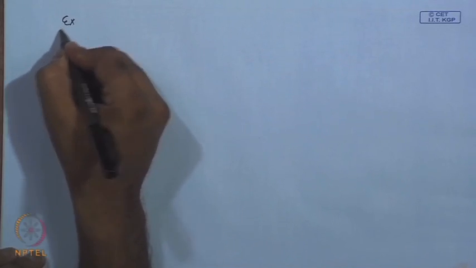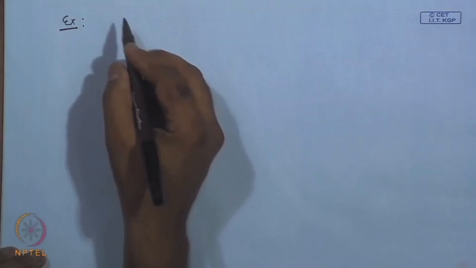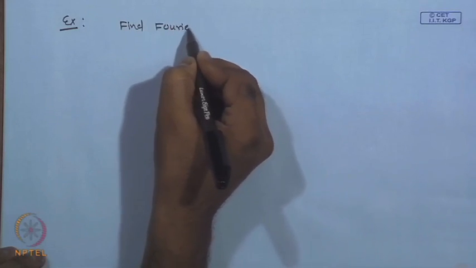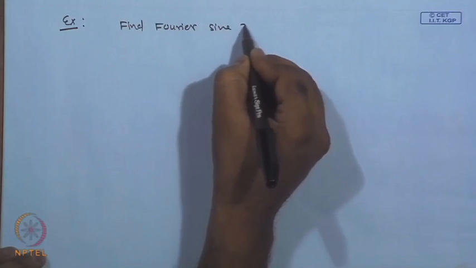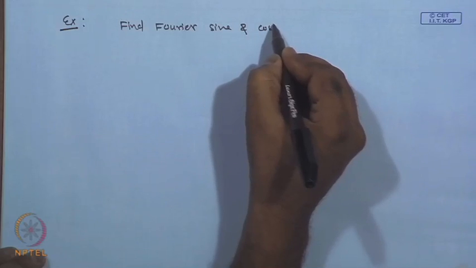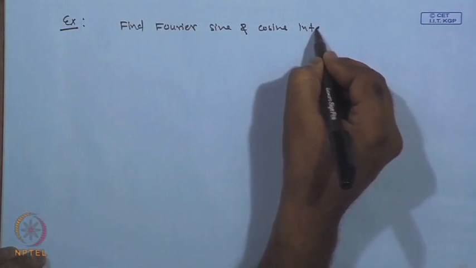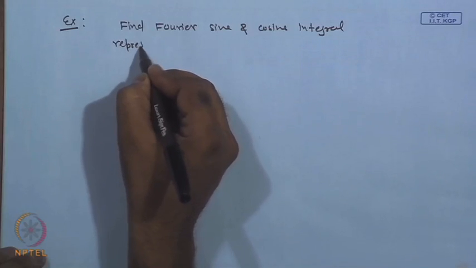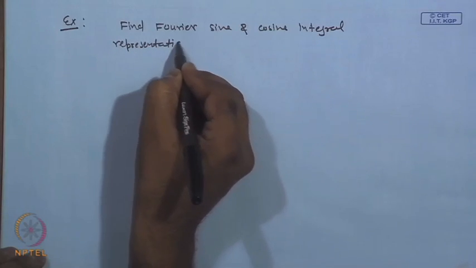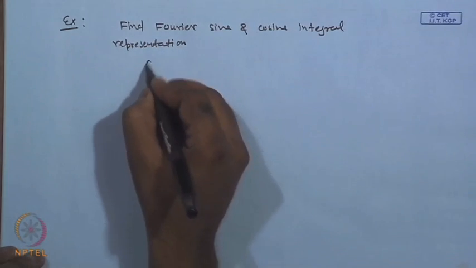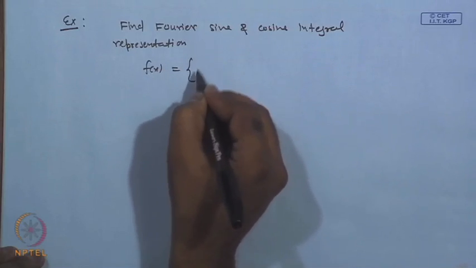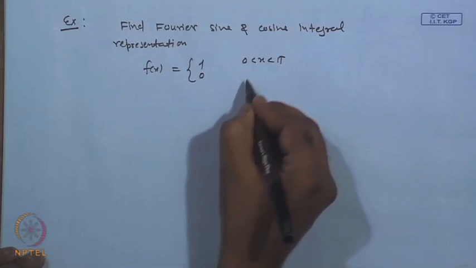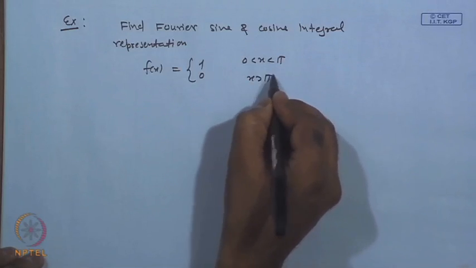So, one more example we go. Find Fourier sine and cosine integral representation for this f(x), which is 1 for 0 to pi, and when x is greater than pi it is 0.